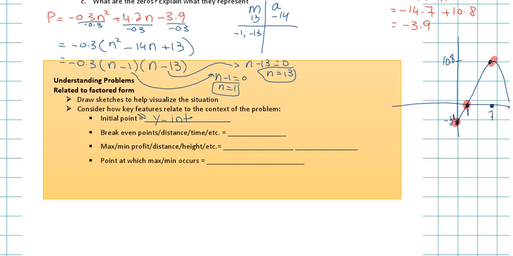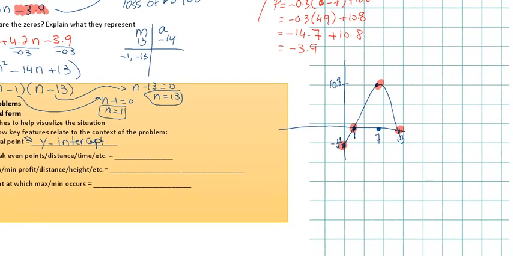Now, I just need your attention for a minute. I want to go back to this question because I want to ask you a very important question. Remember that your profit is the y and your number of chocolate bars is the x.